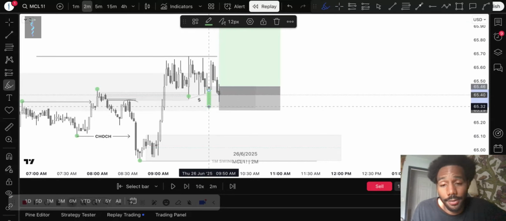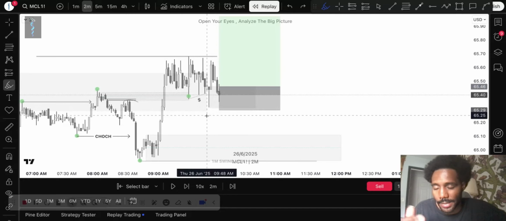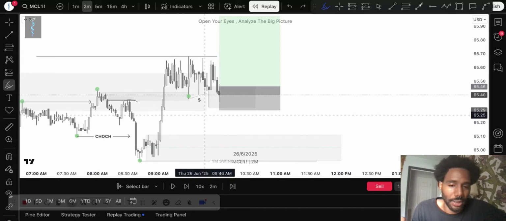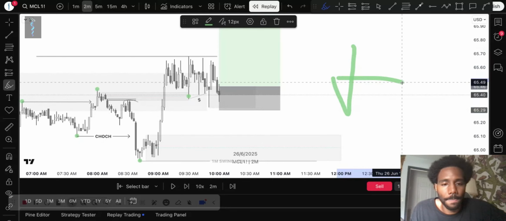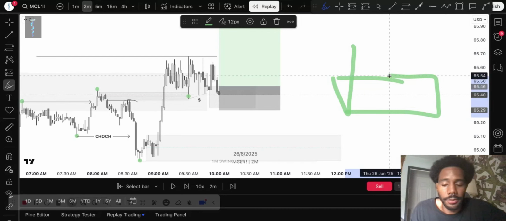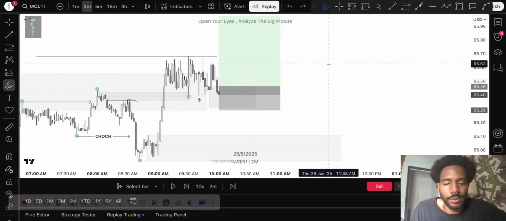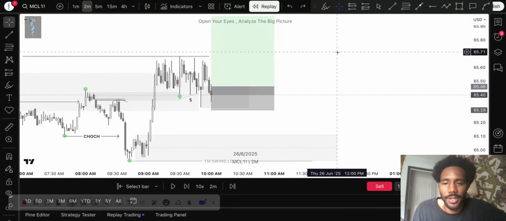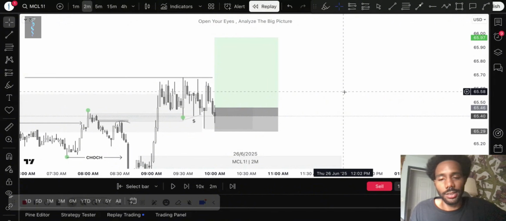Like I mentioned earlier, these are areas of interest on the lower time frame, and since we are already on the 2-minute time frame, you would have to go into the 30-second or the 5-second chart to see that last buy to sell move, something that will look more familiar to you on those time frames. But I don't go that low when it comes to confirmations, because it's dealing with another realm that I'm not trying to dive into.